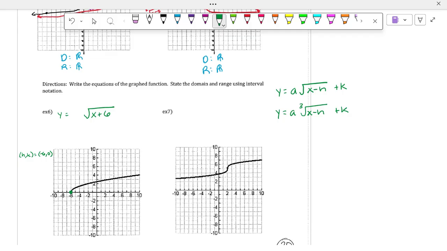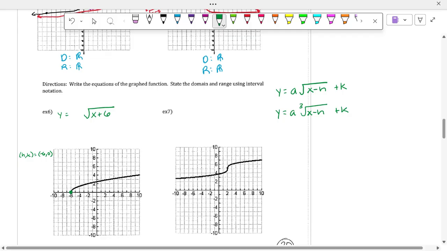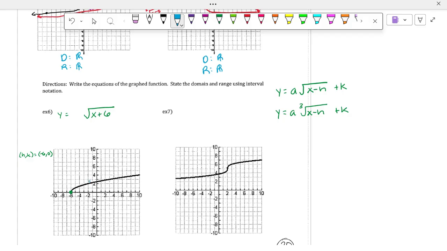All right. So let's find another solid point to help us figure out if the a value is 1 or if it's something else. So find the next closest solid point, which is right here. So this is the point -2, 2. So think about when we did quadratics.